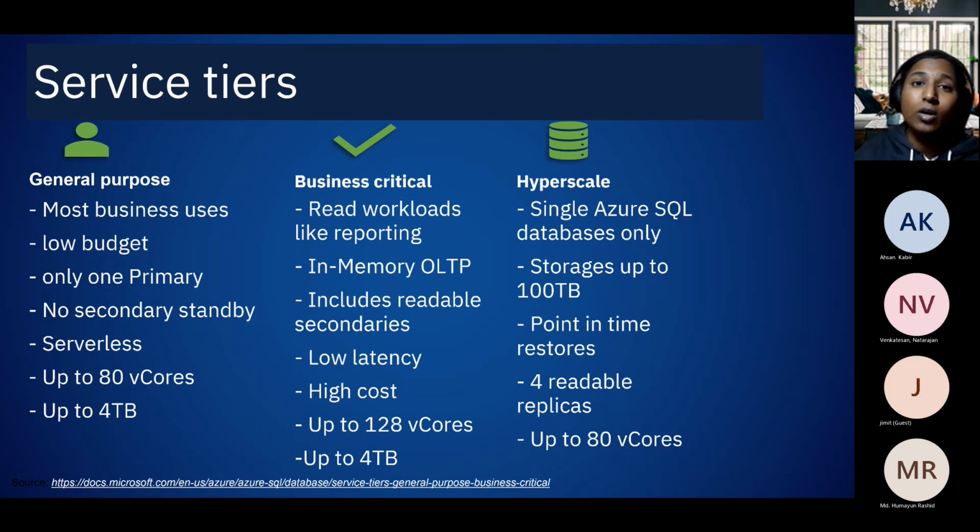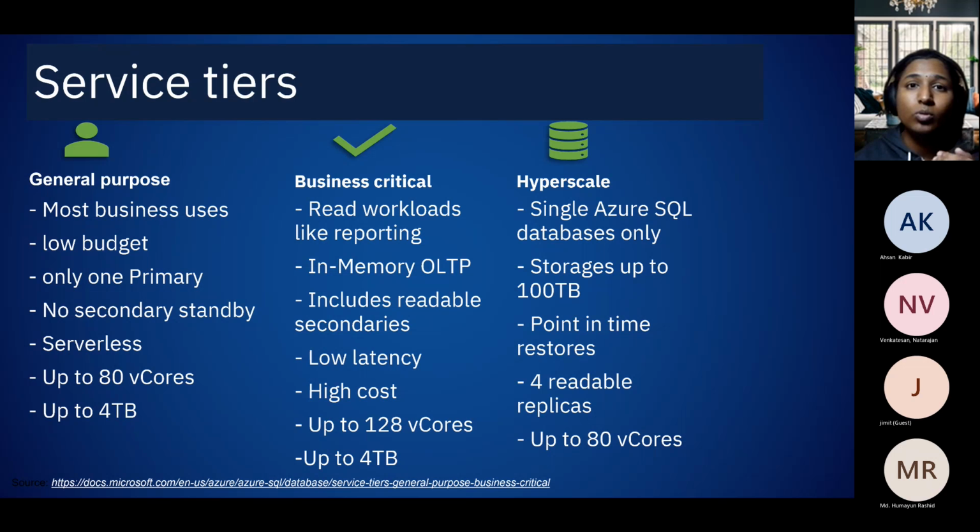So if you want to failover, while doing the failover it might take some time to build up your secondary standby. Under general purpose, you have 2 more compute tiers, serverless and provisioned, which we are going to talk about in the coming slides. With general purpose, you can use up to 80 vCores and up to 4 terabytes of space.